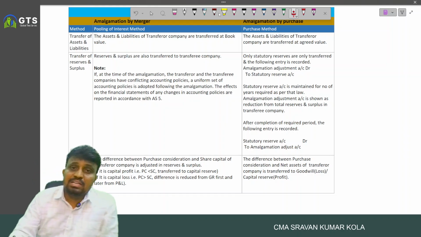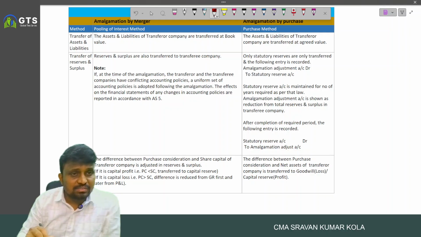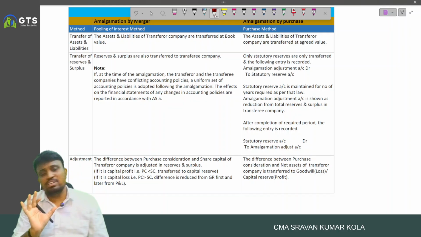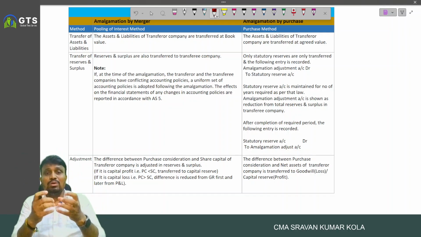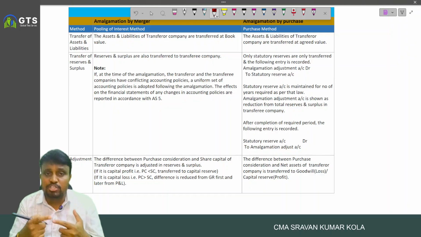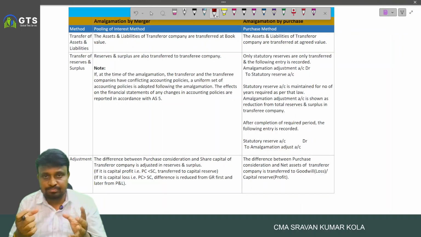And what is the accounting we do in case of the pooling of interest method? Here, not only the assets and liabilities, but also the interest of the shareholders is pooled together.